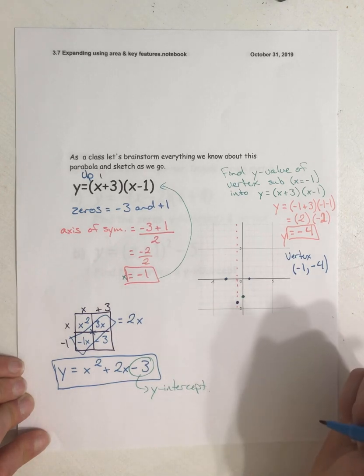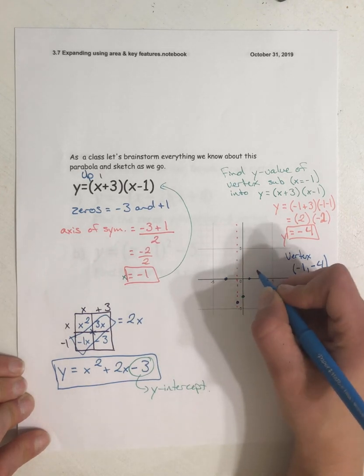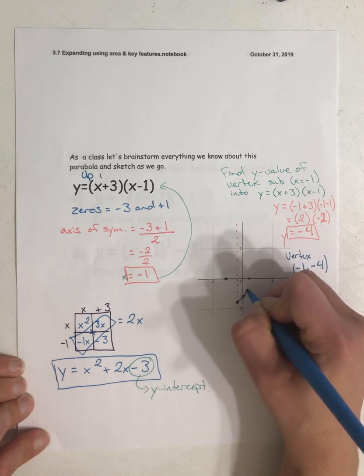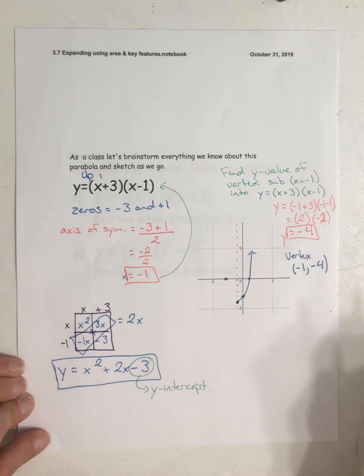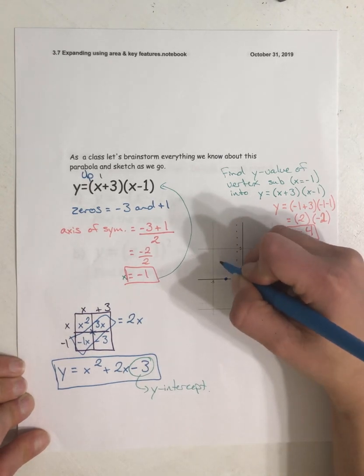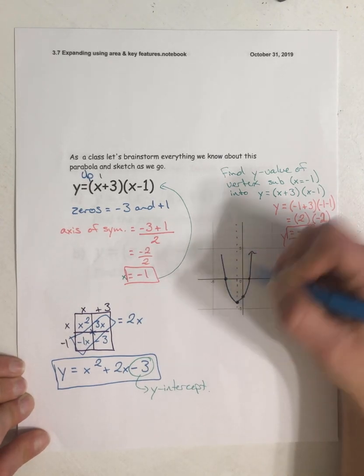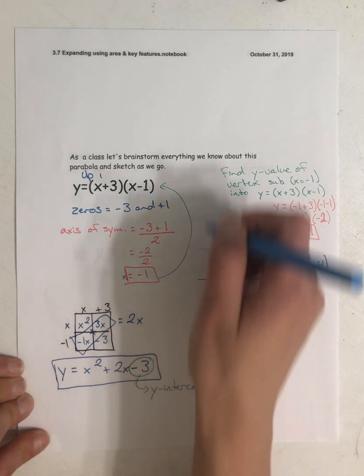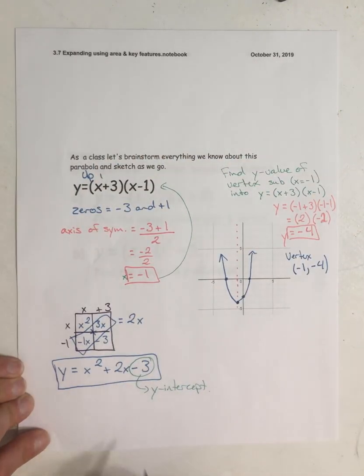And now we can draw our parabola. We know that they cross and it goes up like a cup. And then we can draw the other side. And guess what? We just drew a graph out of our equations.